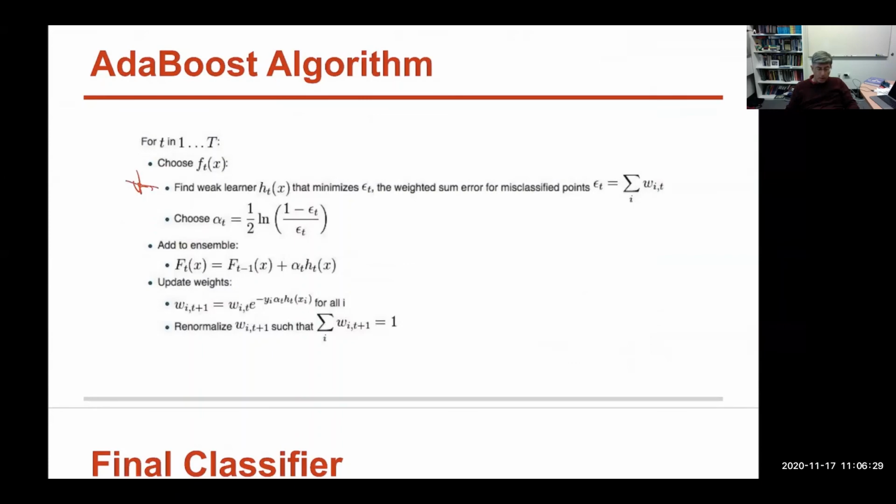We're going to measure its accuracy, and then we are going to add the new classifier to our ensemble, where we weight that classifier according to its accuracy.